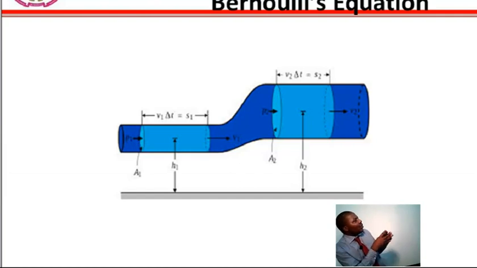Then the narrow section is expressed as V1 delta T, while the height of each section is given as H1, H2, and the cross-sectional areas are expressed as A1, A2. Since it is fluid, we expect it to exert pressure along the columns and the velocity of the fluid to vary along the column. So those parameters have been put together to give what we call Bernoulli's equation.